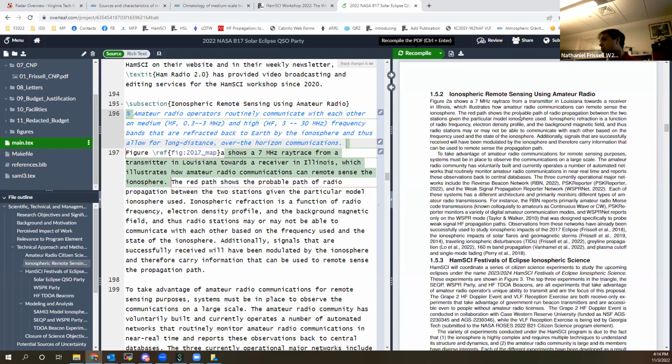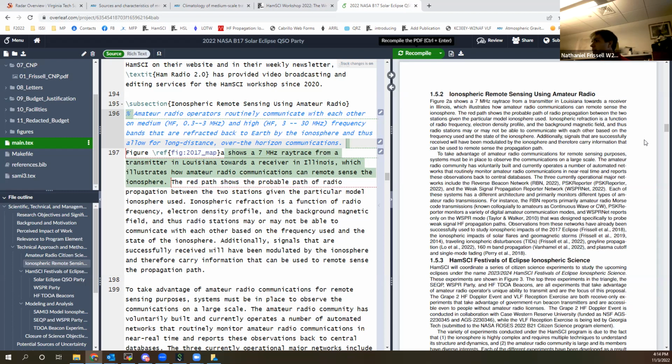The red path shows the probable path of radio propagation between the two stations given the particular model ionosphere used. Ionospheric refraction is a function of radio frequency, electron density profile, and background magnetic field, and thus radio stations may or may not be able to communicate with each other based on the frequency used and the state of the ionosphere.